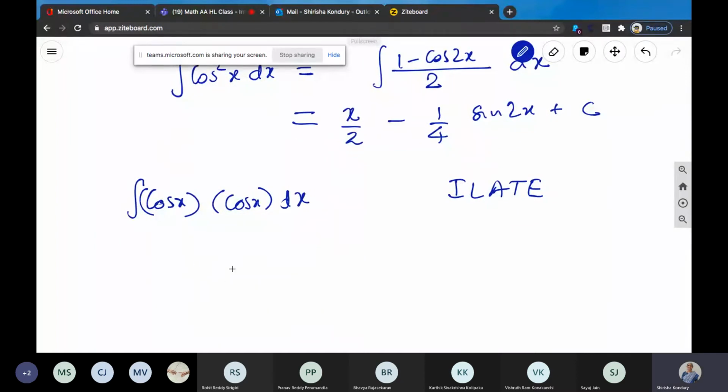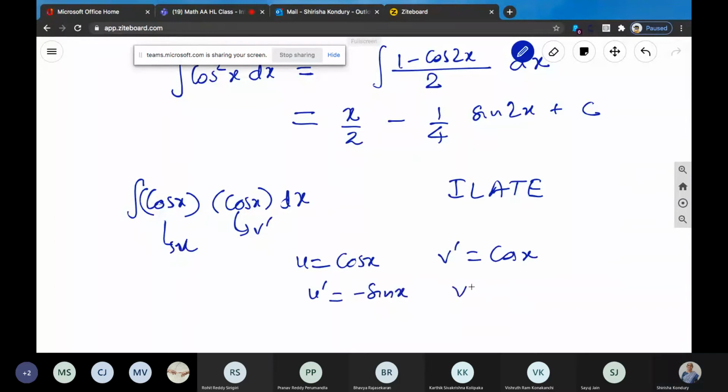Does it work or not? So I'm going to take cos x as u and cos x as v dash also. So u is cos x and cos x is v dash also. So u dash is minus sin x and v is sin x.